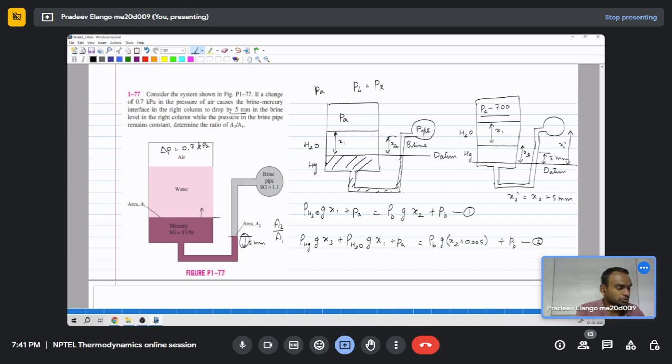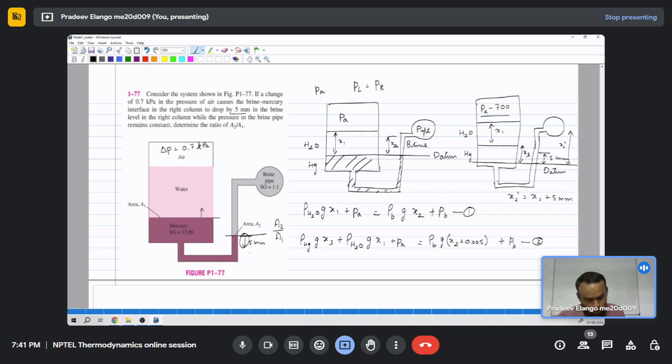Someone has a question? Sir, in the problem it is mentioned that there is a drop by 5 mm, right? Yes, with a change of pressure of 0.7 kPa. So the length of the column should decrease, sir, instead of increase, right? It should be x2 minus 5 mm, I hope. Instead of x2 plus 5 mm. So this line drops, right?